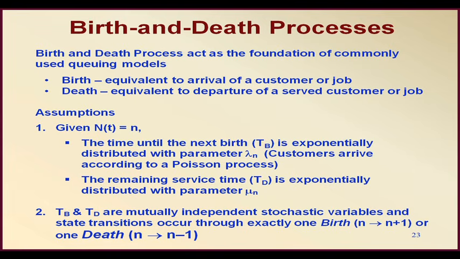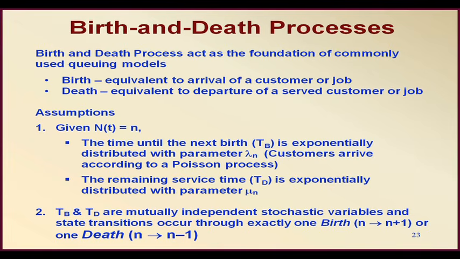What is lambda 1? If the state is 1, that means there is one customer in the system, then the number of arrivals will be determined by lambda 1. Then the remaining service time Td is exponentially distributed with parameter mu n. Similarly, mu, that is the service rate, is also dependent on the current number of people in the system, that is n.